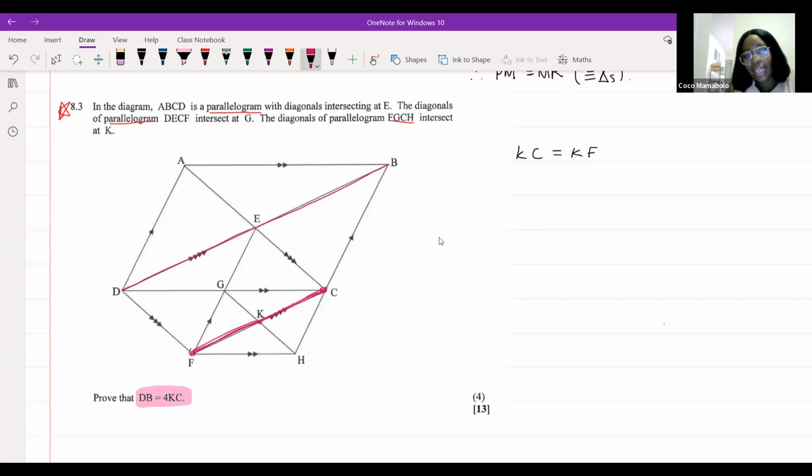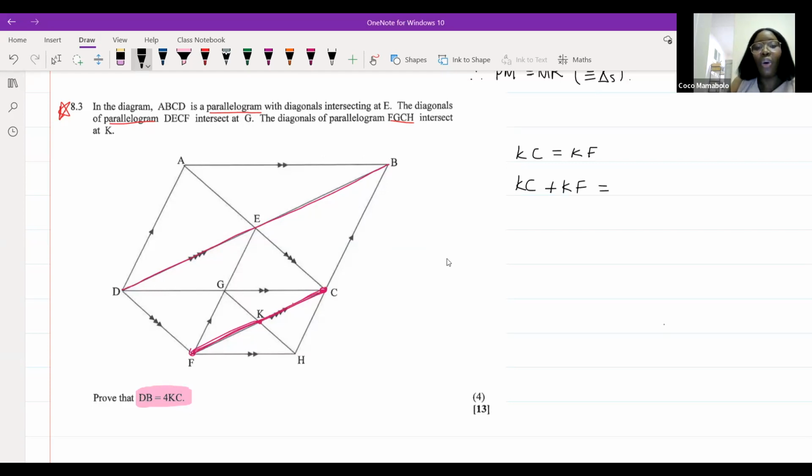What is FC exactly? FC is the long side of parallelogram DECF, right? So I can then say, let me not start by saying 2KC. Let me say KC plus KF is equal to what?